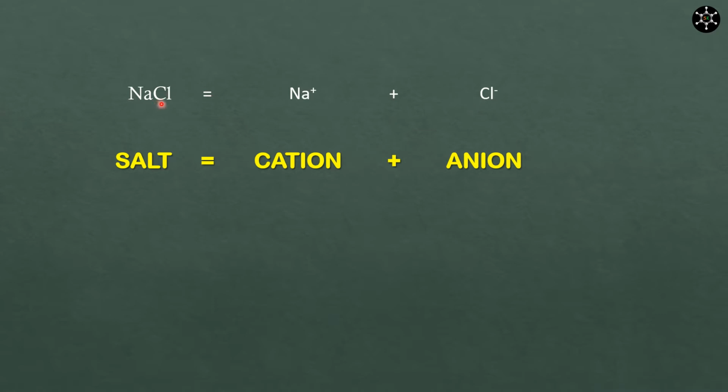NaCl can be seen as the product of reaction between sodium hydroxide base and hydrochloric acid. Since cation Na plus has come from sodium hydroxide base, cation of the salt can be called as basic radical. Similarly, Cl minus anion has come from hydrochloric acid, so anion of the salt can be called as acid radical.